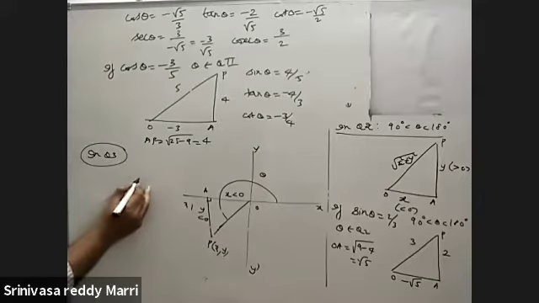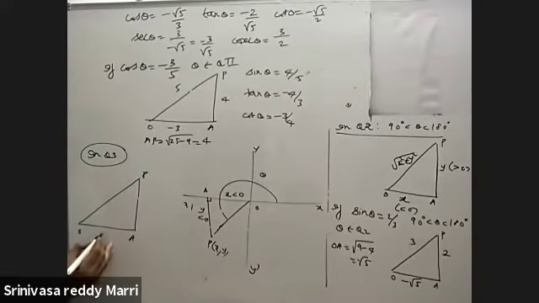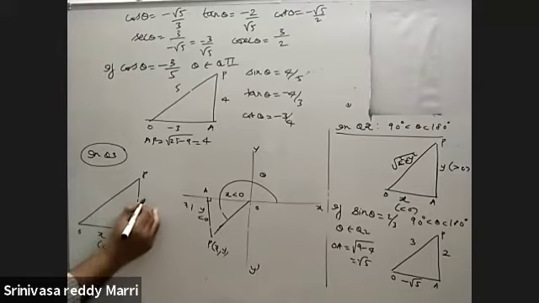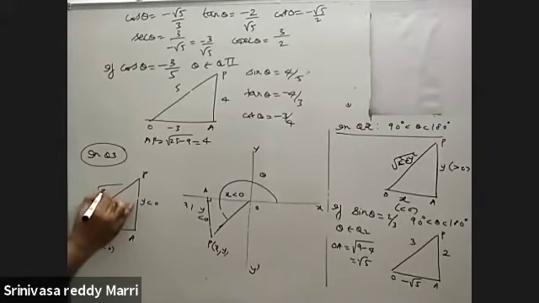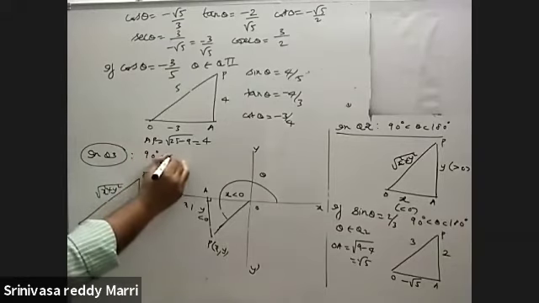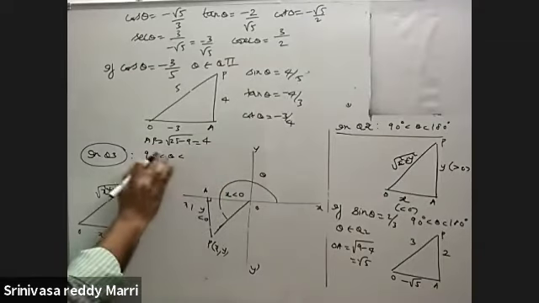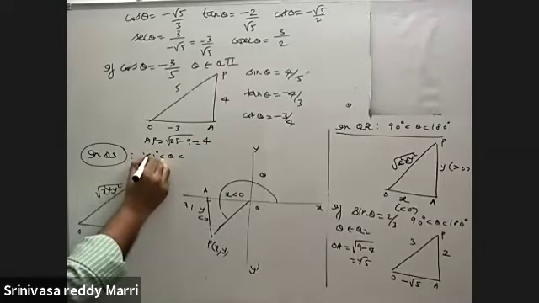That means in the triangle, always make a habit of a triangle like this: here you have to write a negative quantity, here also a negative quantity. In quadrant 3 means 90 degrees less than theta, 180 degrees less than theta.